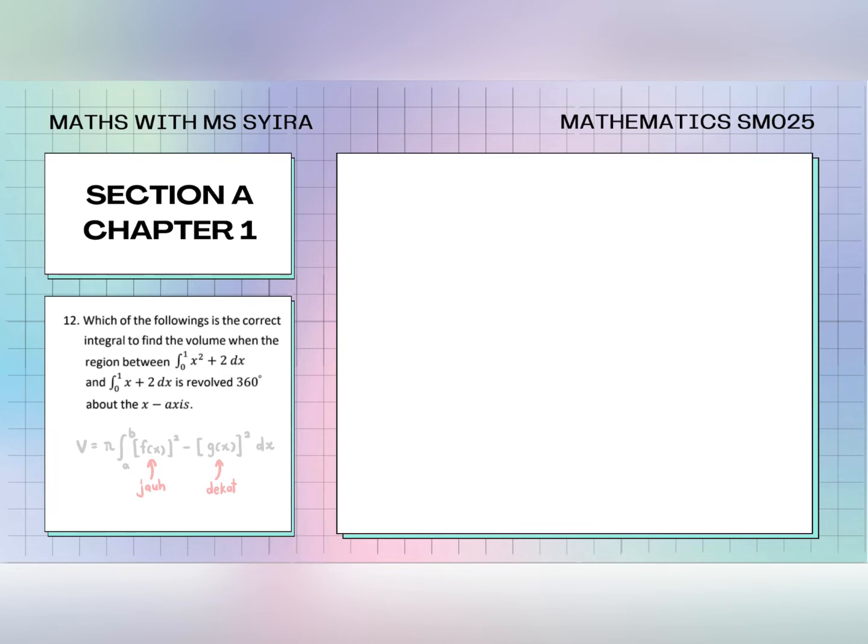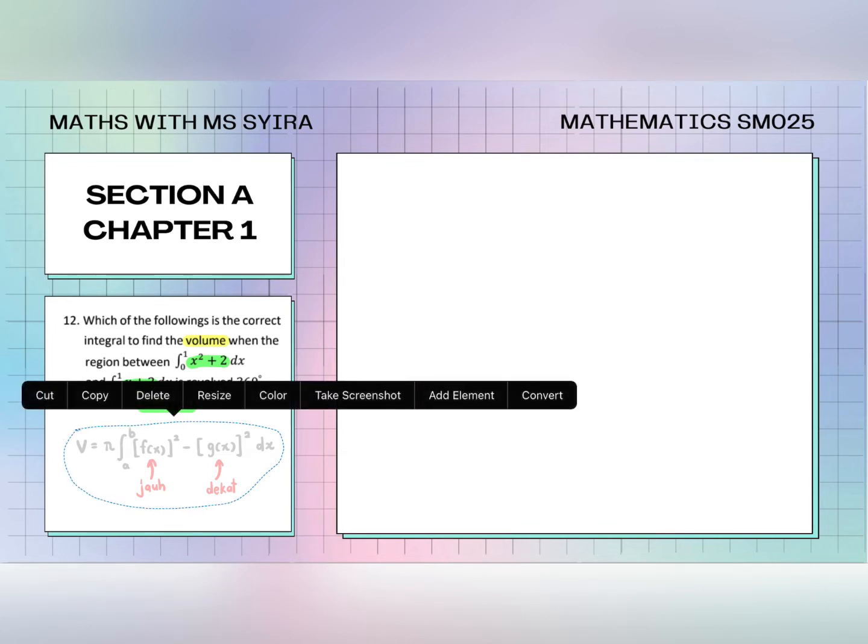Dia minta, which of the following is the correct integral to find the volume? So volume, when the region between, kita ada x square plus x dx, and kita ada x plus 1 dx, and it revolve about the x-axis 360. Okay, so you must remember, kita gunakan rules apa untuk volume?